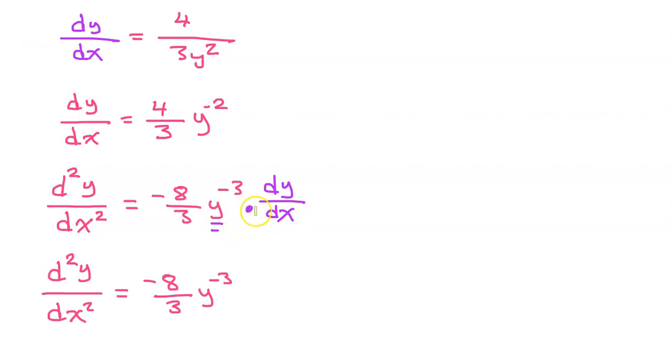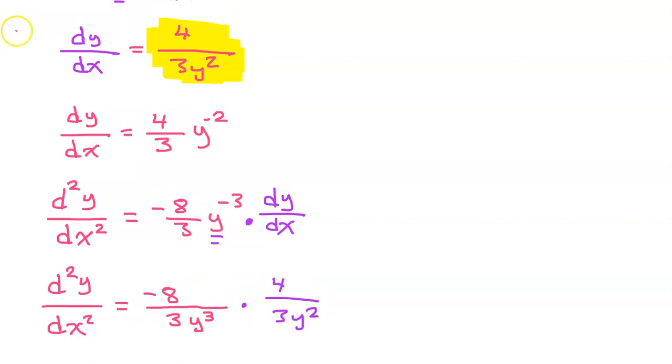On the right-hand side, we need to only have x's and y's because we're solving in terms of x and y. So we can't have this dy dx sitting here. Luckily, we came up with an expression for dy dx several steps ago. dy dx equals this. So we can substitute that in now and have times 4 over 3y squared.